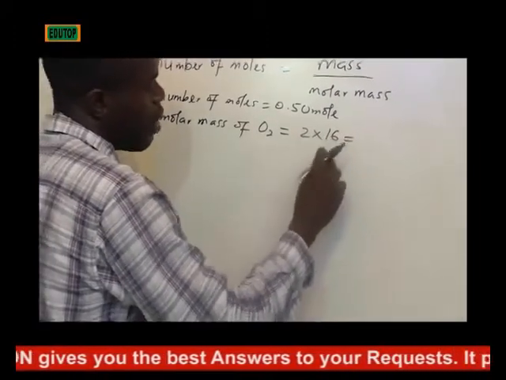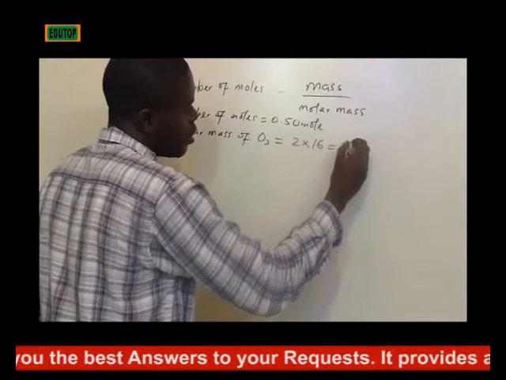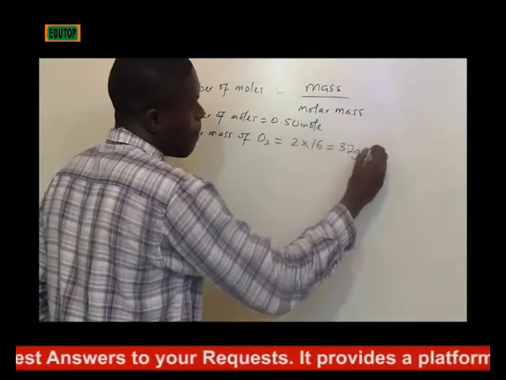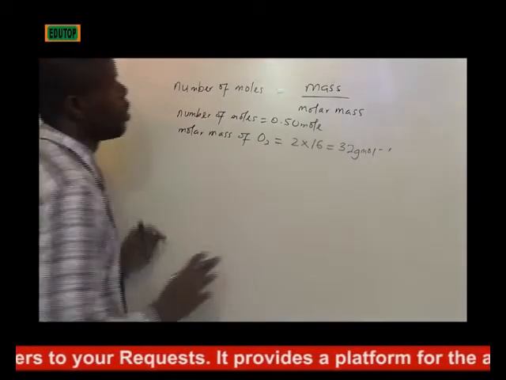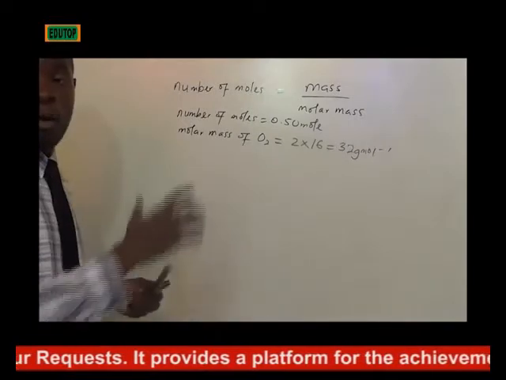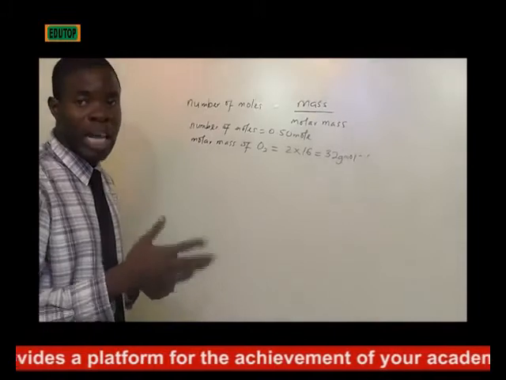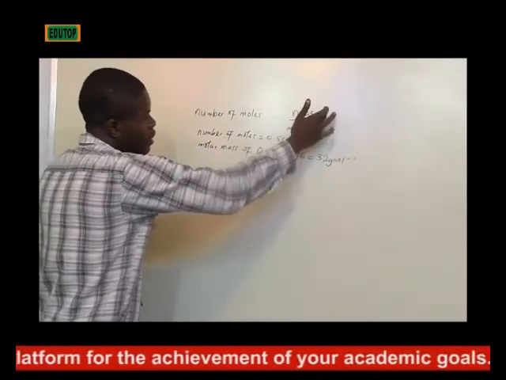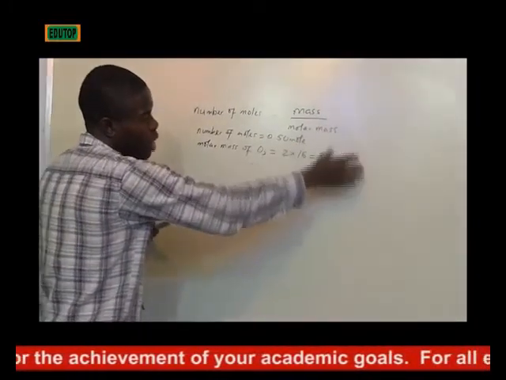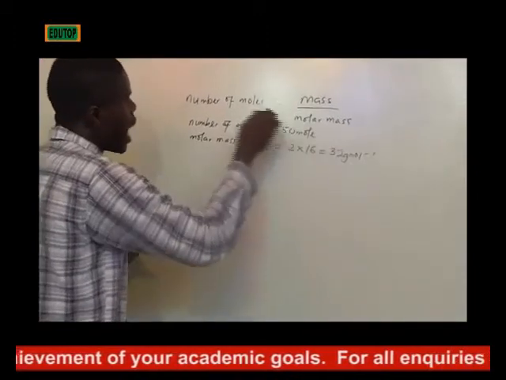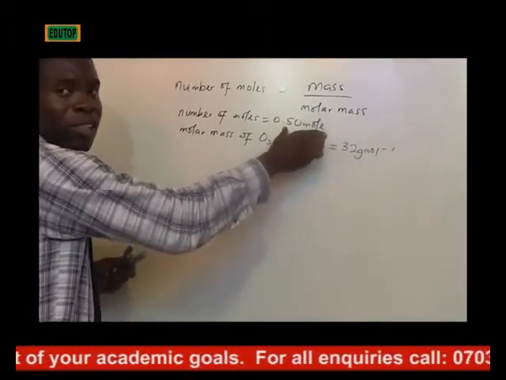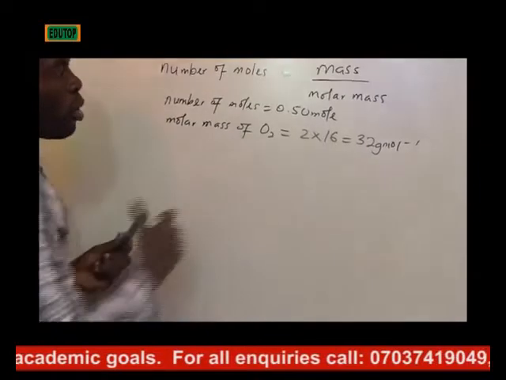So eventually you have 32 gram per mole. Okay? Since the question asks us to look for the mass of oxygen, the molar mass is known from the question as 32 gram per mole, and the number of mole is also given as 0.50 mole.